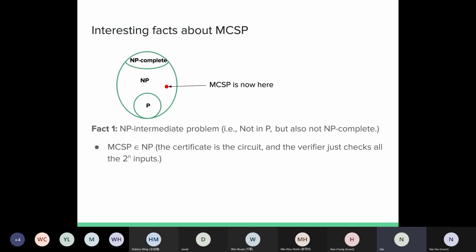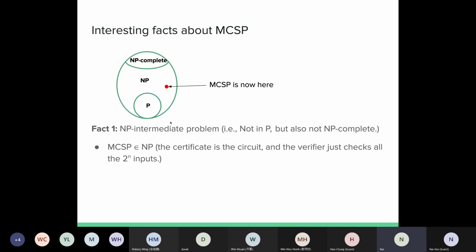This problem is very interesting because MCSP is an NP-intermediate problem, which means that it seems it is not NP-complete, or some people don't believe it is NP-complete, but we also don't have an efficient algorithm for this problem.